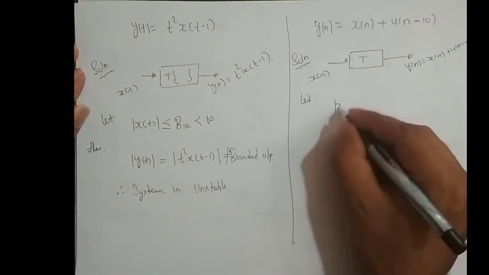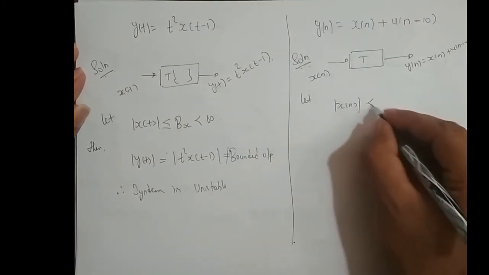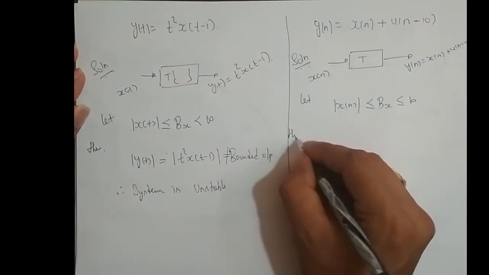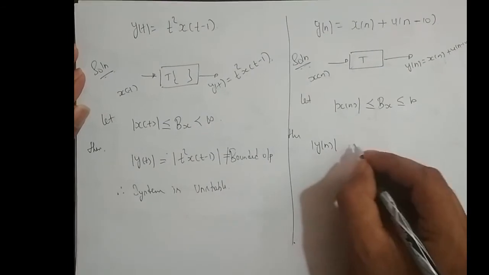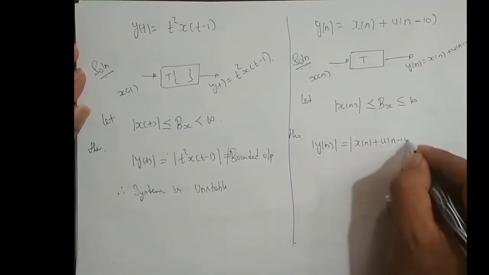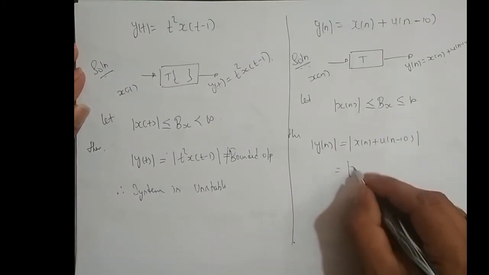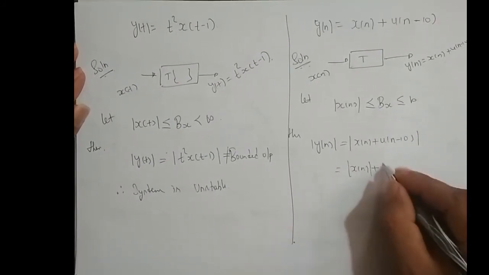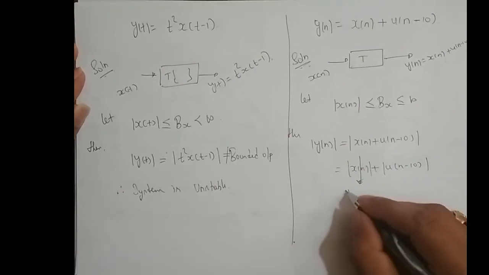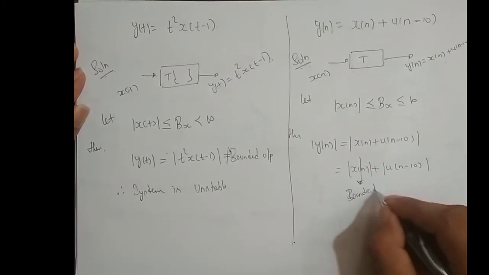Let magnitude of x of n be less than or equal to bx, less than infinity. Then magnitude of y of n is equal to magnitude of x of n plus u of n minus 10. I split it: magnitude of x of n plus magnitude of u of n minus 10. This is bounded, right? We assumed it.